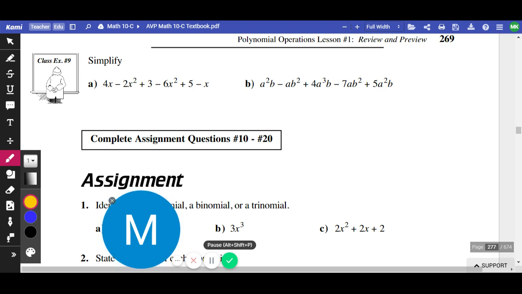Looking at it, I'm going to start with just whichever one's first, which is the letter x with an exponent 1. So I'm going to look at this and underline any other x's with exponent 1. This is the only other one I have. Okay? What these two will represent is 4x minus 1x. In my calculator, if I went 4 minus 1, it would tell me that it's 3 x's.